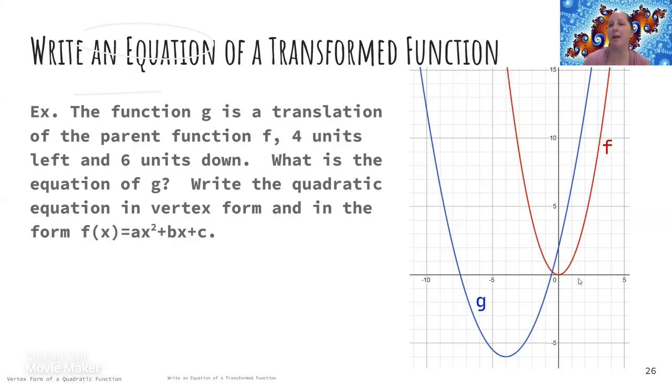So my parent function, my vertex starts at (0, 0), and my general parent function for a parabolic equation is x squared. They gave me the vertex by telling me that they moved 4 units left and 6 units down. And I can also see on my graph that it crosses at the point (0, 2). So I'm going to use that point as well as my text to figure out what my value for a could be.